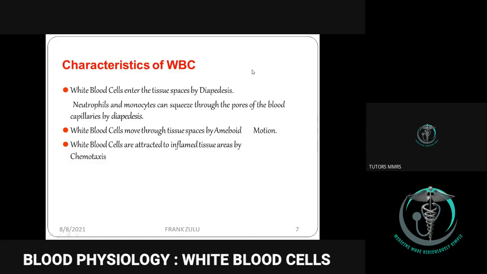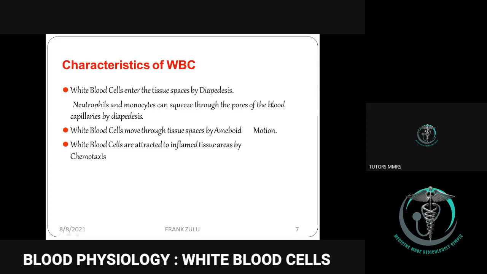In between these cells, they become loose, and the white blood cells are able to pass through. So neutrophils and monocytes can squeeze through the pores of blood capillaries by diapedesis. In between those gap junctions, cells are able to pass through.